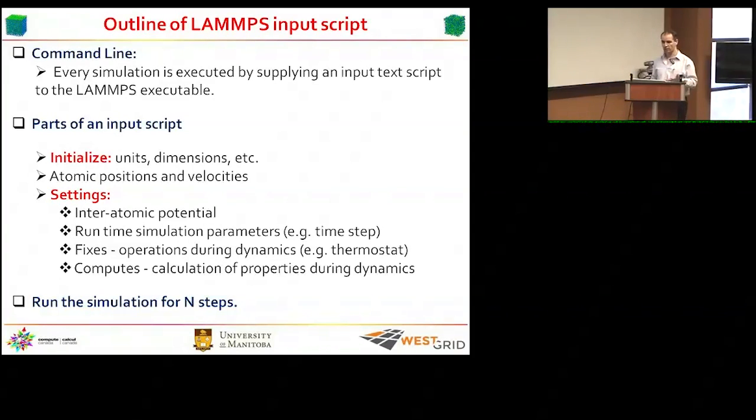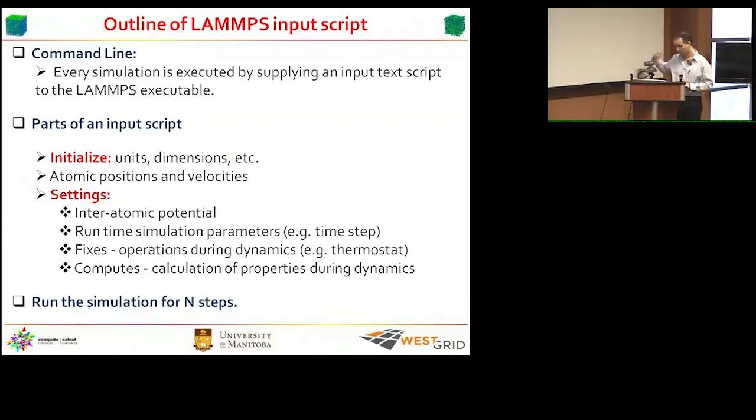Here, for example, you have to initialize the units, the dimension, etc., atomic positions and velocities, interatomic potential, time step, because the time step will depend on the unit used, and you can change the time step depending on your system. You have also to fix the thermostat, how to control the temperature during the simulations, and there are some commands to compute some properties during the simulations.